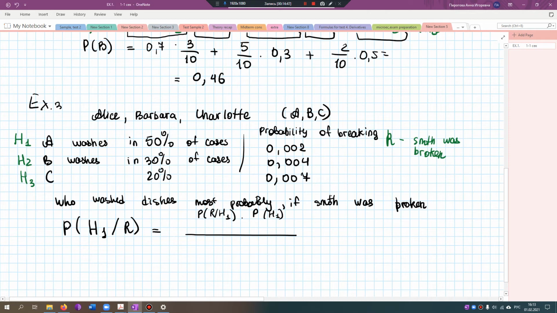So our probability of breaking something in the case of Alice is equal to 0.002, and the probability that she will wash the dishes will be 0.5.